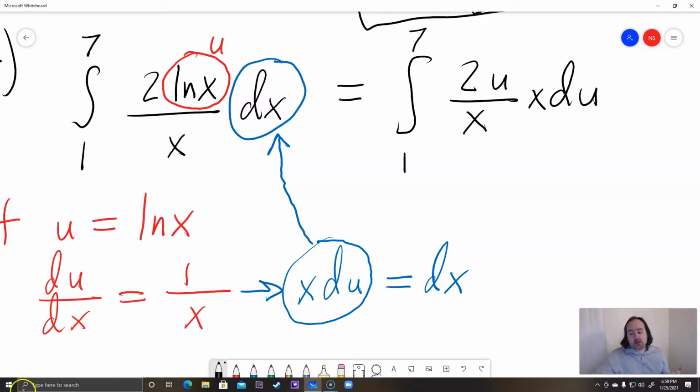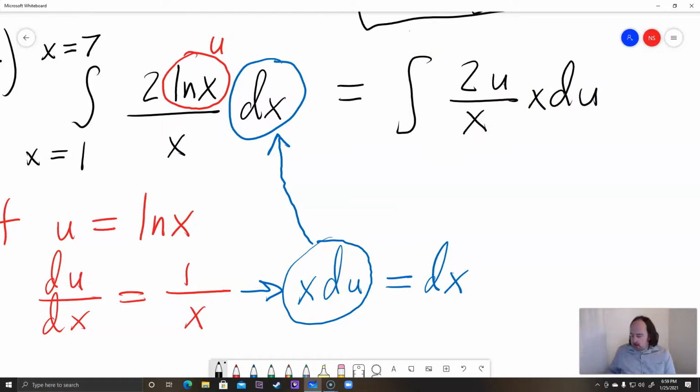Because the original variable was x, that's actually going from x equals 1 to x equals 7. But because this variable is now u, I probably shouldn't be writing the numbers, so I'm going to not write them there.